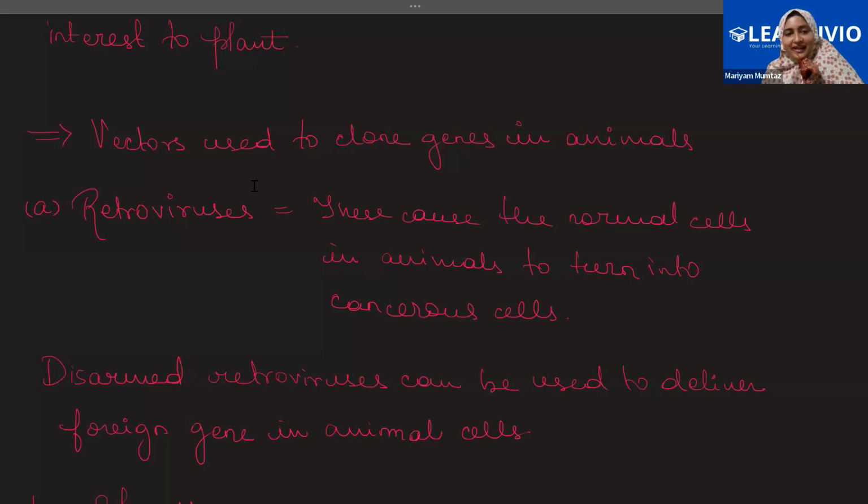When I was teaching you AIDS, and I said human immunodeficiency virus, HIV, it is a retrovirus. Now, if I ask you why it is a retrovirus, I'm sure no one can tell me.